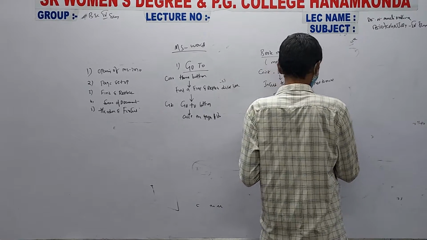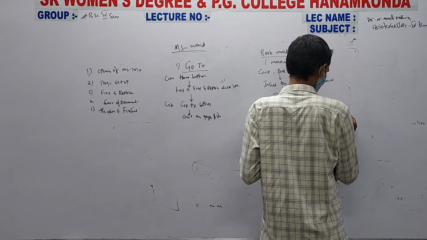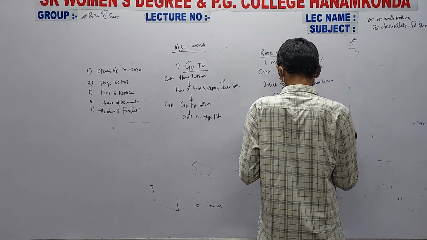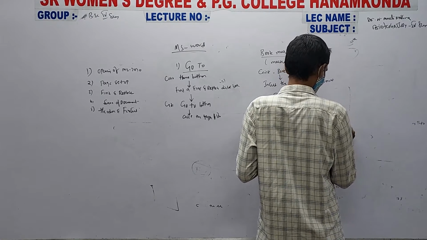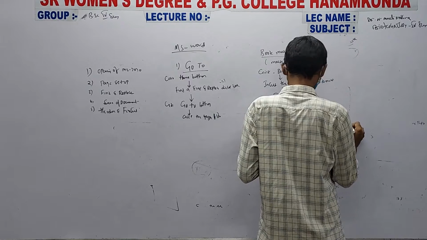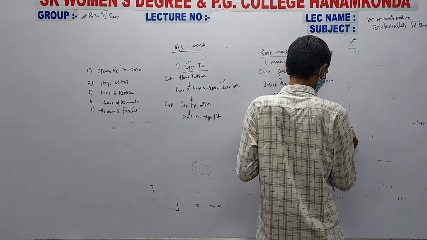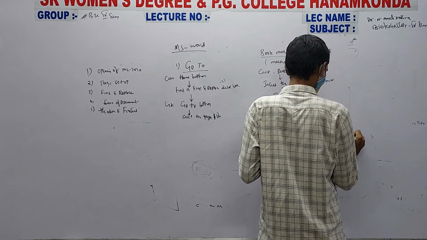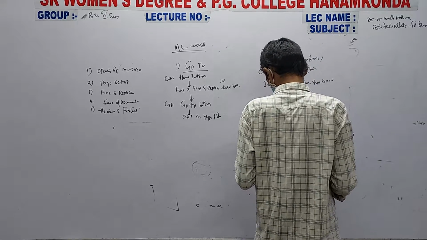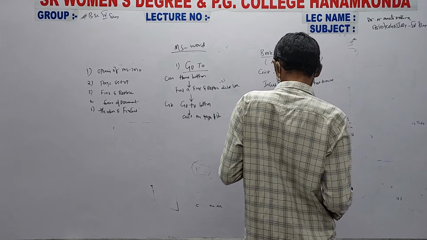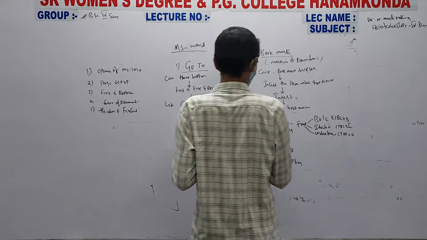For bold, we use Control B. For italics, Control I. For underline, Control U. So these are our format styles.